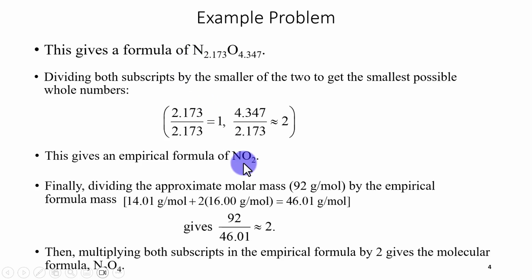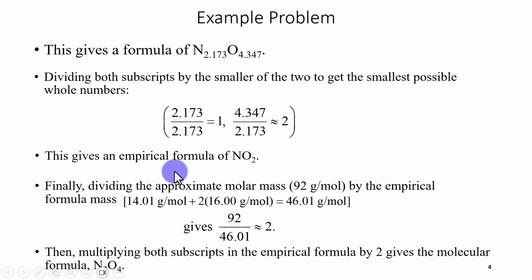It's NO2, and it's a good empirical formula because I can't simplify it any further. The subscripts are whole numbers, not decimals like these here. That's why we do this. We divide by the smallest of the coefficients, but we divide through everything by the same number. So now I have the empirical formula.